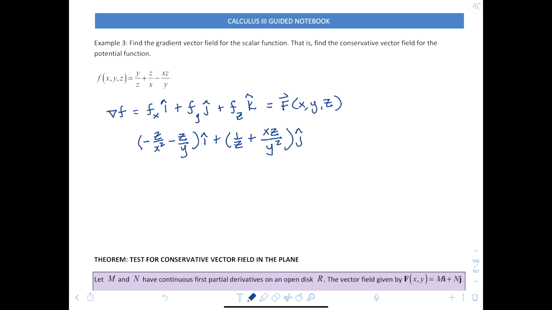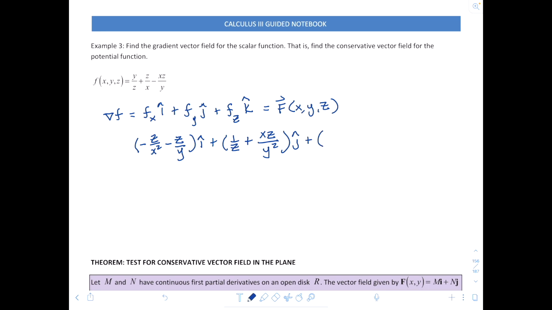And now, the first partial of f with respect to z. Z's in everything, isn't it? So we would end up having plus negative y over z squared plus 1 over x minus x over y times k.